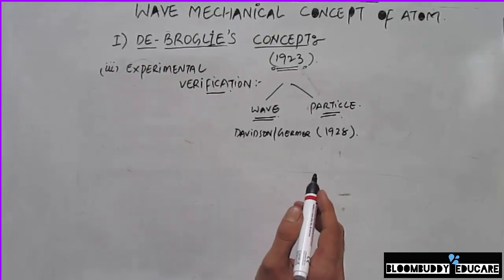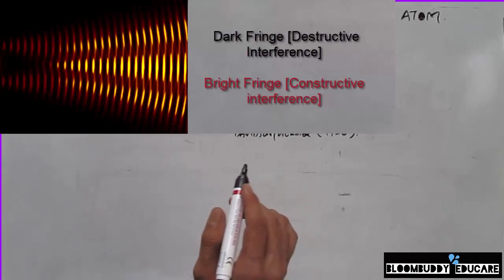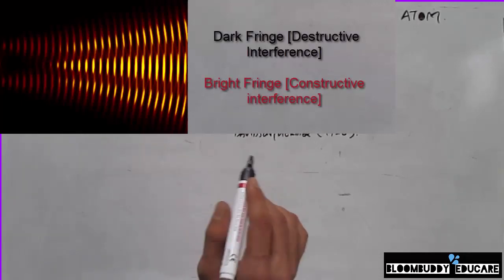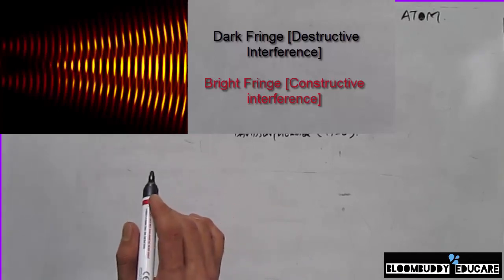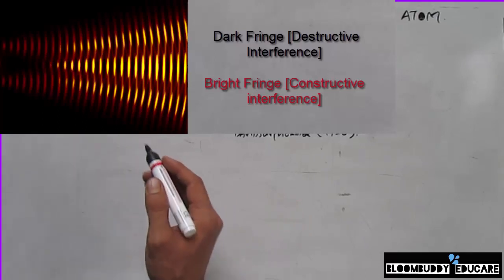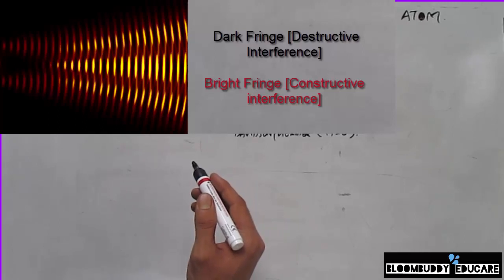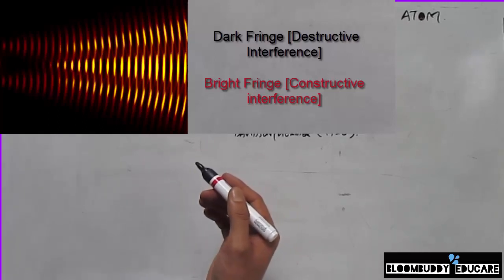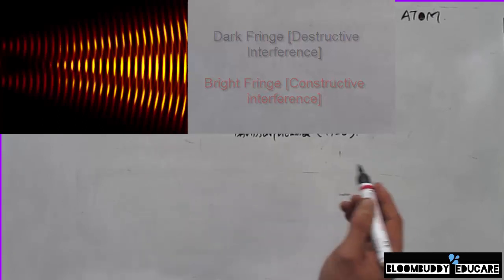In the left hand corner, I am showing you the interference and the diffraction experiments that were done earlier by using two slits, wherein you can see that there can be two types of interference. It can be constructive or it can be destructive interference, and based on that we can detect the wave nature of the electrons. Secondly, we also had to prove that there is a particle nature.